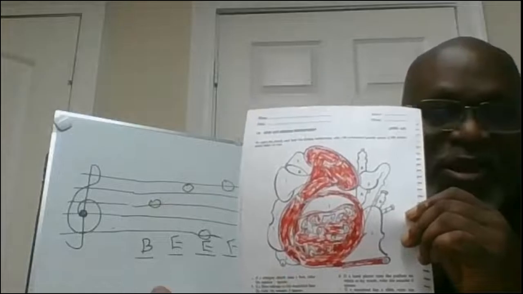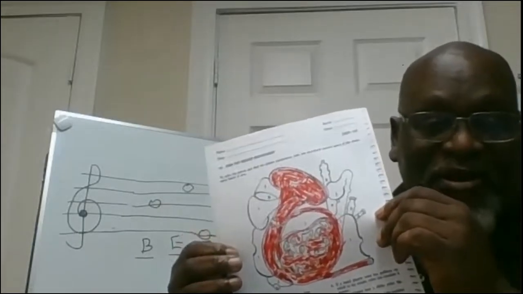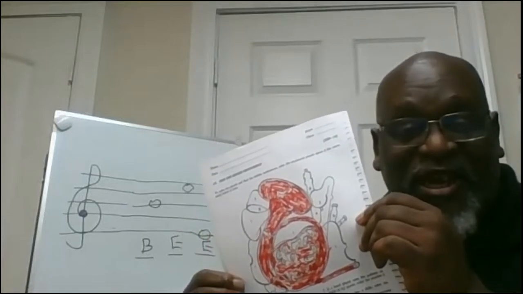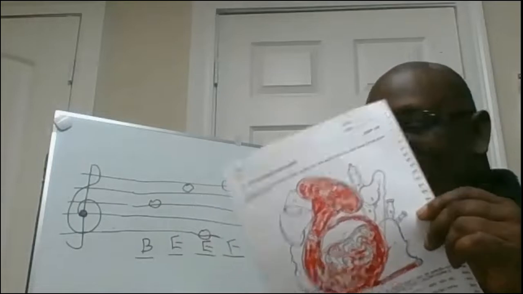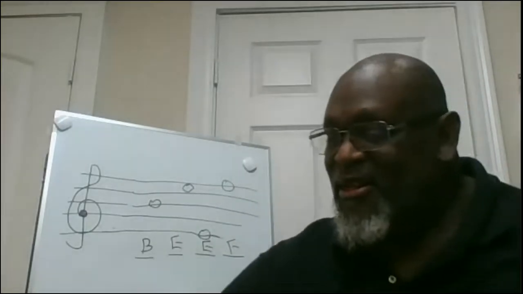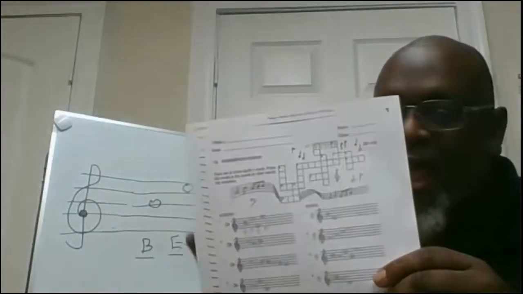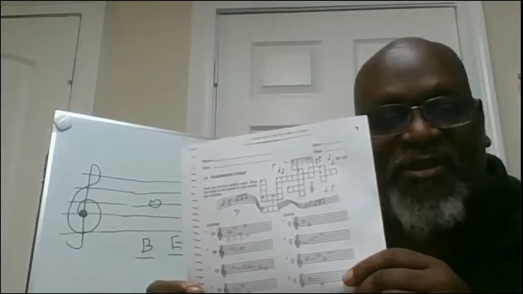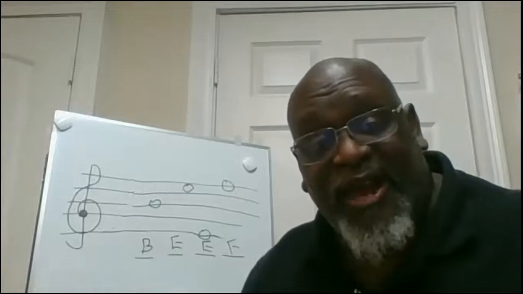We answered our music questions, and it led us to draw, wow, a brass instrument, which is a French horn. You see it there? Very good. And then that was last week's lesson. The lesson for this coming week, we're going to name the notes, and we're going to fill in a crossword puzzle.